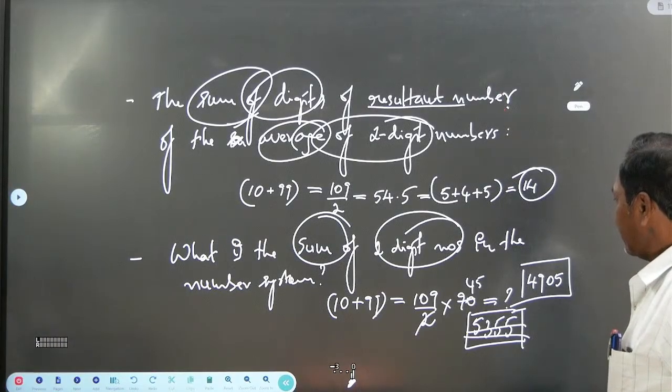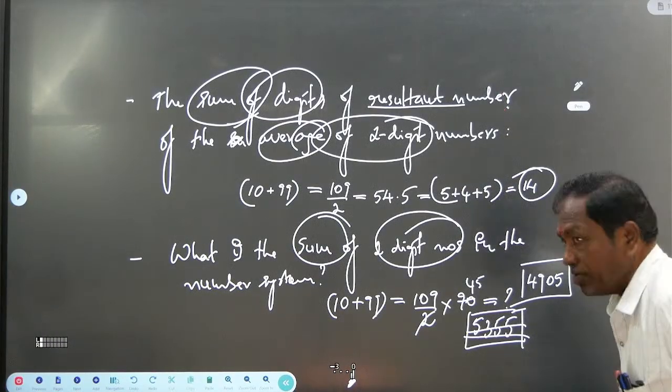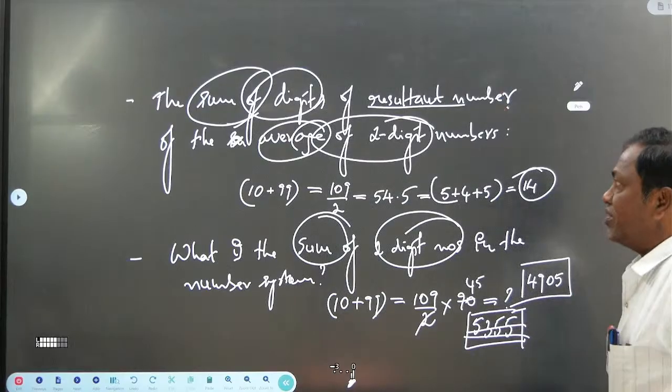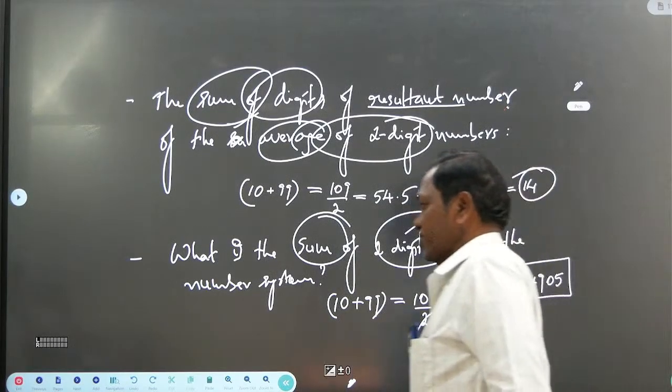So like that, instead of asking the sum of the digits, tomorrow they may come up with how many prime factors are there in the resultant number. That can be there. How many prime digits are there. It means we need to know the originality of the question.